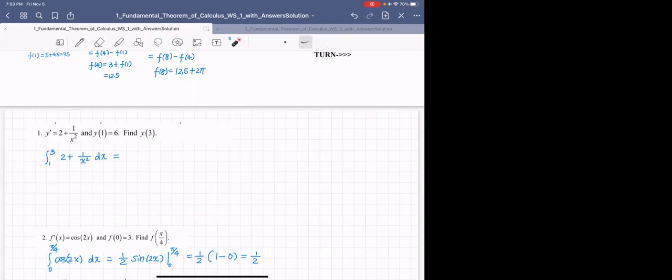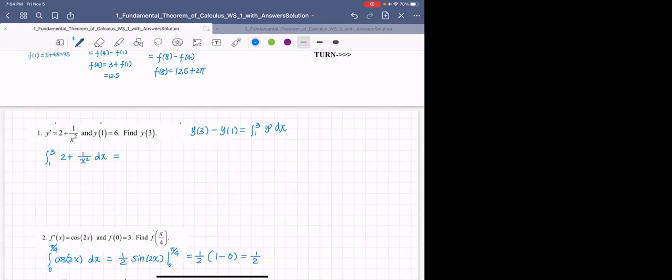Aiden, let's try this one. You have the derivative given here, and your y1 equals 6. They ask you for y3. The fundamental theorem of calculus says y3 minus y1 equals the integral from 1 to 3 of f prime dx.